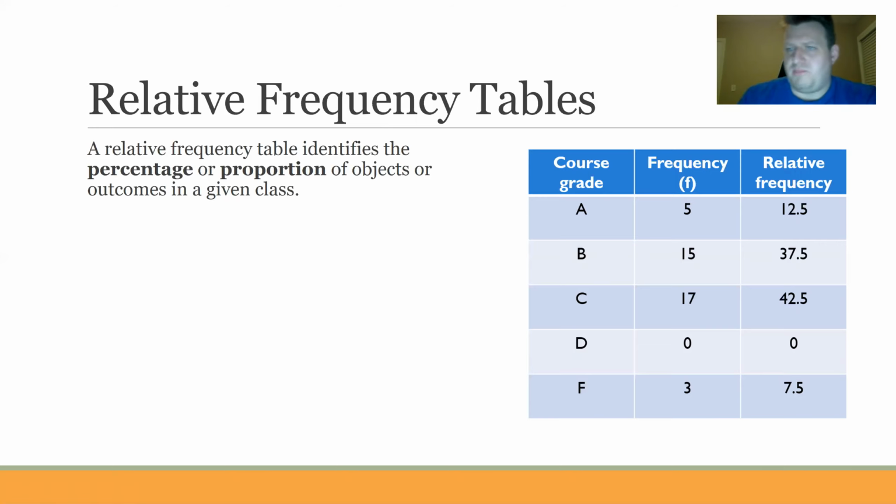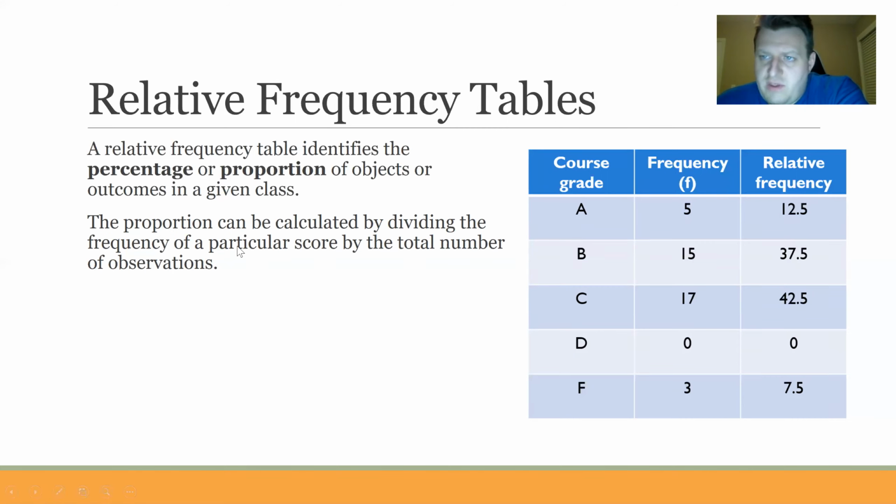Now the relative frequency table can have 2 things in it. It can have the proportion, or it can have the percentage of the total number of people. How do we calculate a proportion and a percentage? Well, to calculate a proportion, we take the frequency and divide it by the total number of subjects, or the total number of instances of data.